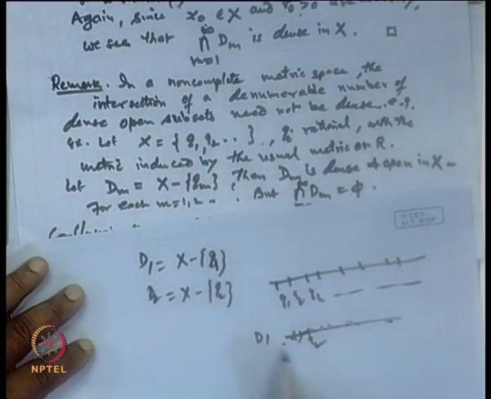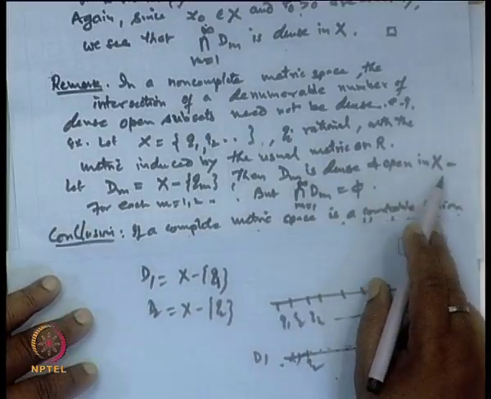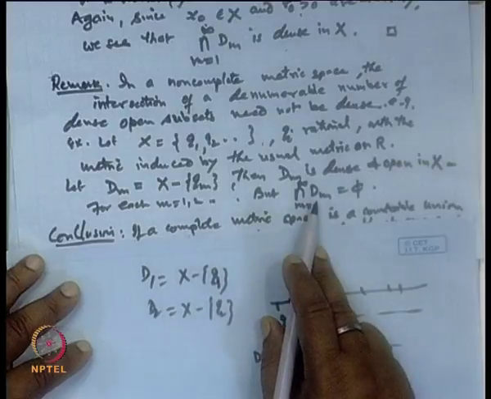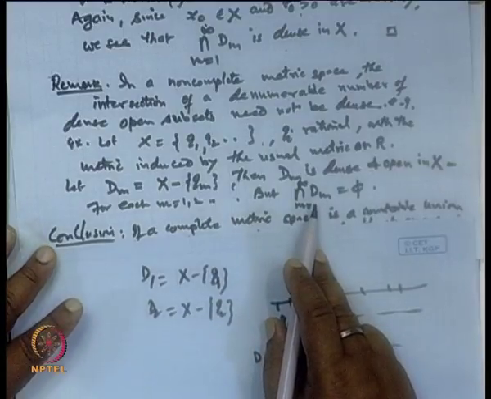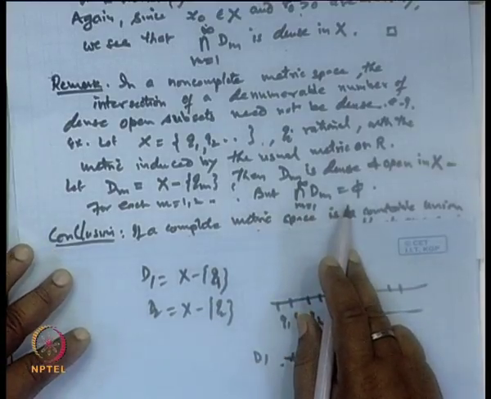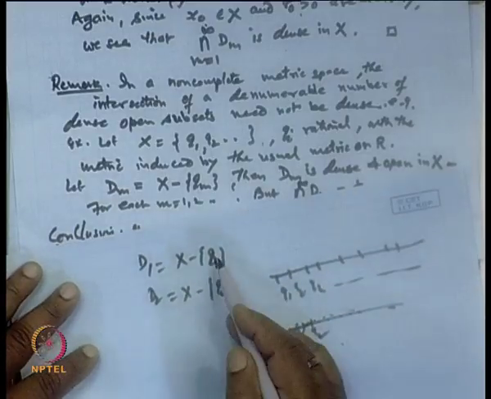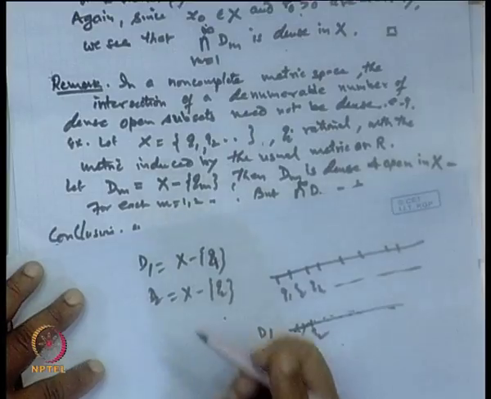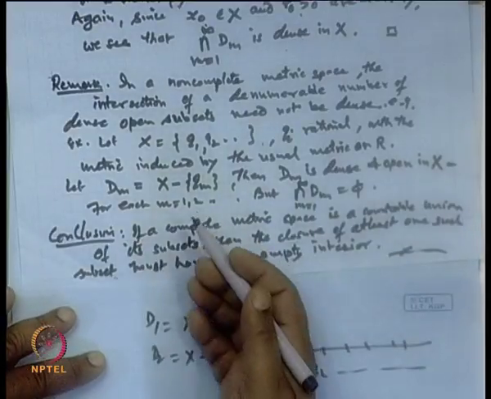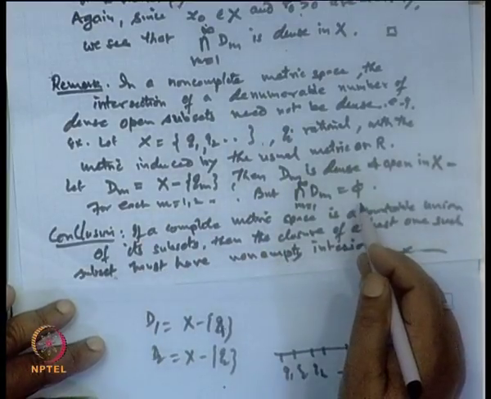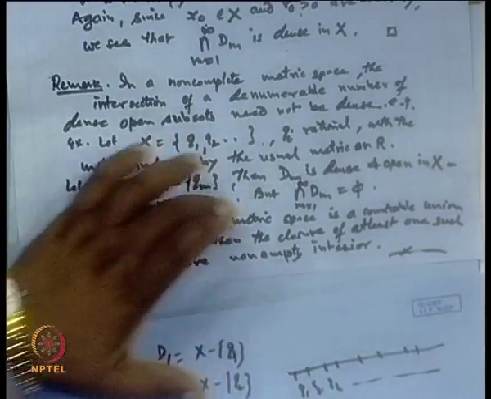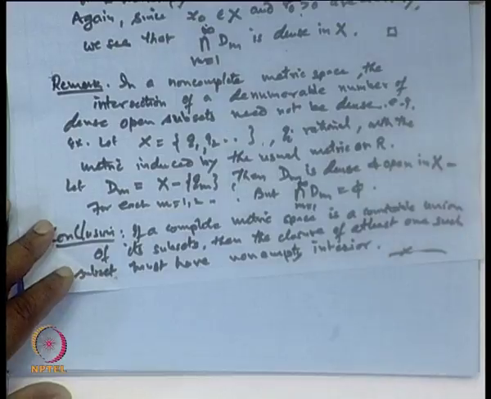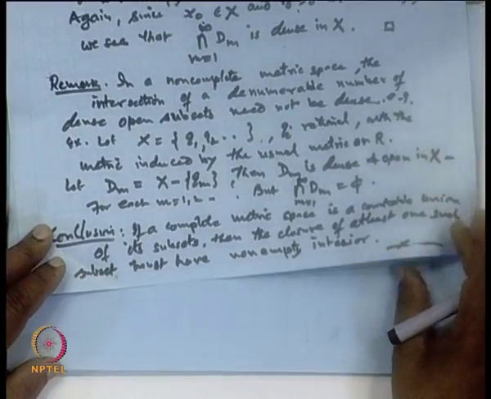Now, this will be dense and open in X, and the intersection will be empty. Why is it empty? Because here q 1 is not available, here q 2 is not available. So, when you take the intersection, it will come out to be the empty set. So, this arbitrary intersection comes out to be empty, not a non-empty set.